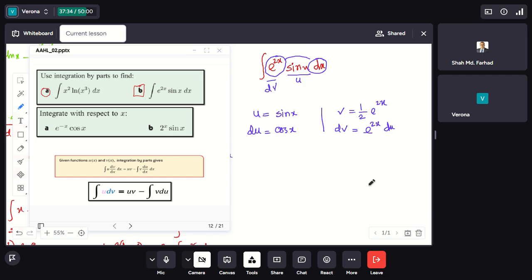Now we put these values in the formula. We have to substitute in the formula.